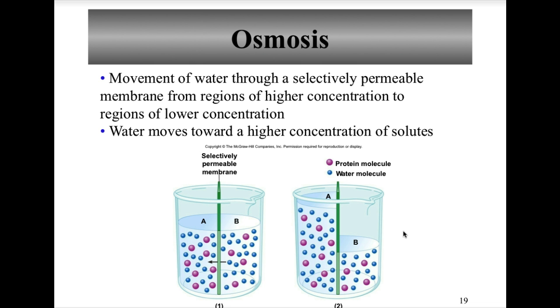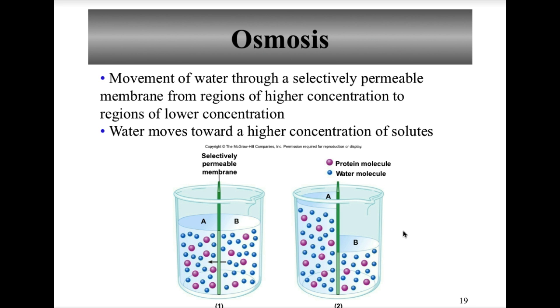When solutions are infused into our blood or tissues, the solute concentration of the solution must be equal to that of our cells and tissues. So it needs to be an isotonic condition, which would be 0.9%.